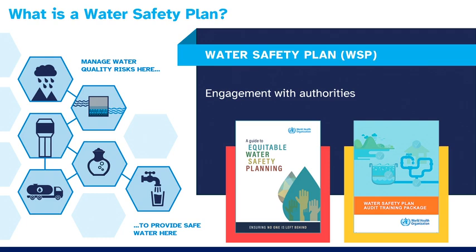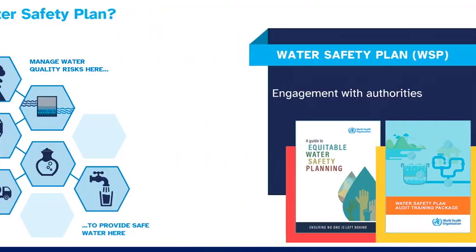Facilities seeking to enhance water safety can consult local WSP experts for support. For further information and resources on WSPs, please look at the WHO website and this course's resource section. There is also an open WHO course on WSPs you may wish to take.